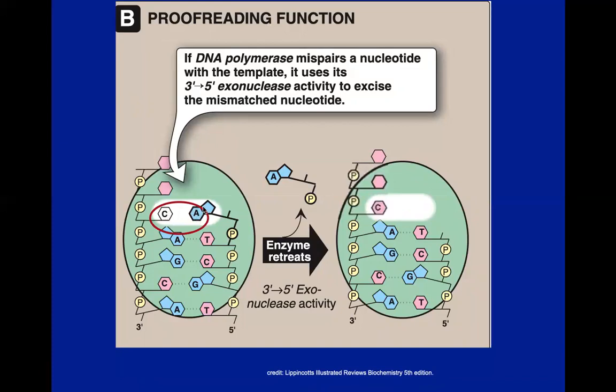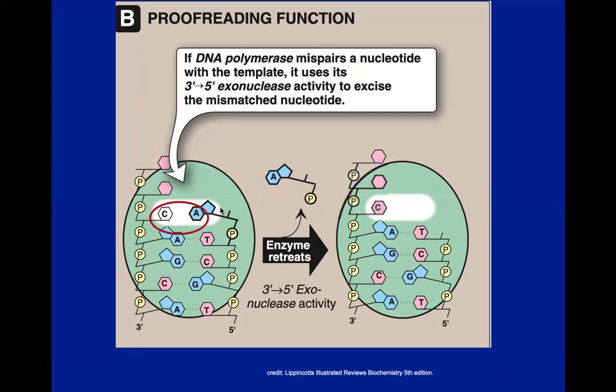Here adenine is bonded. So what happens, because of the proofreading capacity, it also has 3' to 5' exonuclease activity. Why 3' to 5' exonuclease activity? Because the sugar has to be removed from this end. Synthesis is 5' to 3', so the wrong base has to be removed from this end.